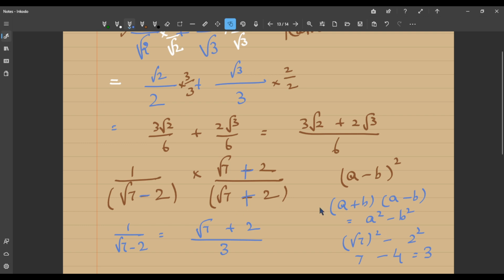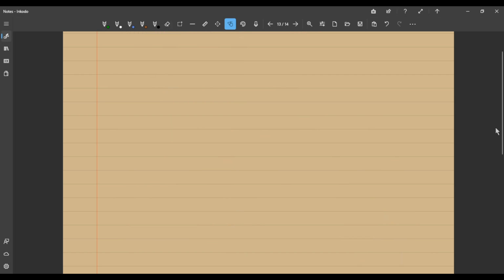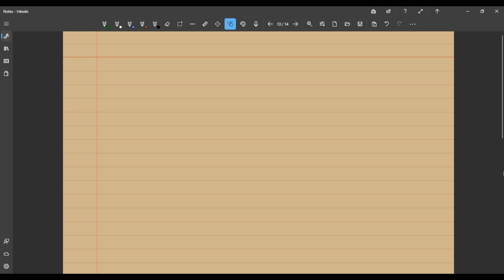Let me quickly do one more example so that you get complete clarity. Let us take for example 1 by square root of 5 plus square root of 2.